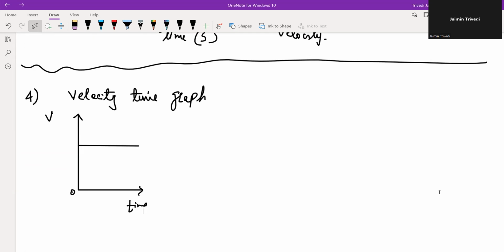So just in terms of slope, tell me. Tanvi, take some values and tell me. 0. The y direction is velocity and this is time. Okay, yes, it's 0.